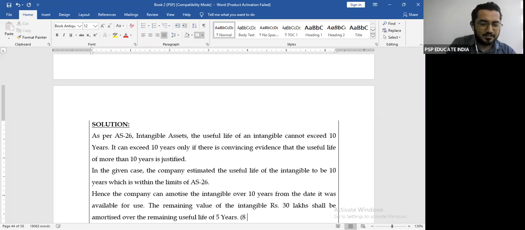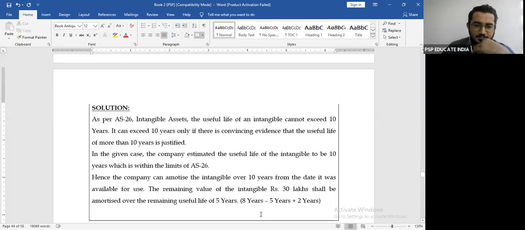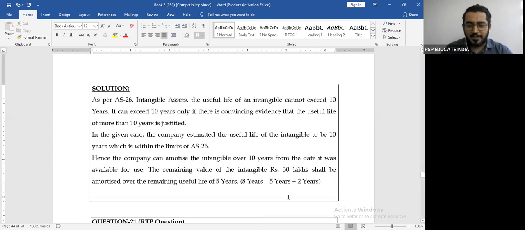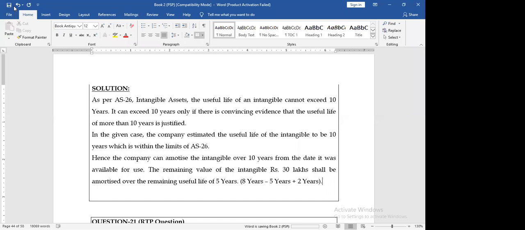First you add 8 years minus 5 years plus 2 years, which will be a total of 10 years. Take this solution properly. If you have any doubts, please ask me. Otherwise, quickly take this solution.